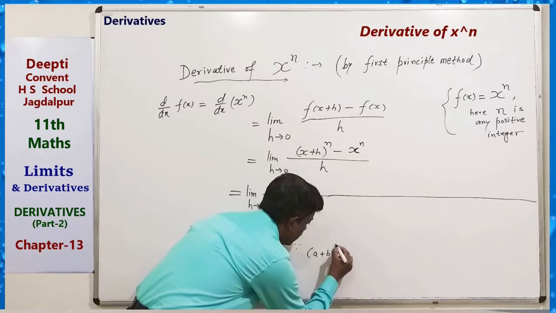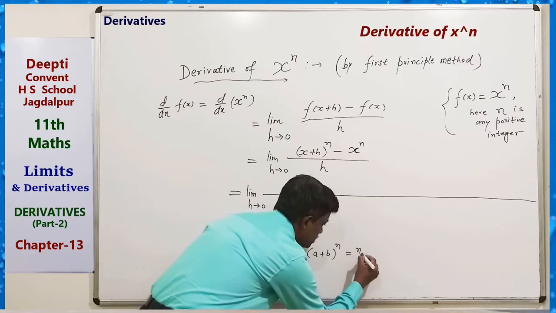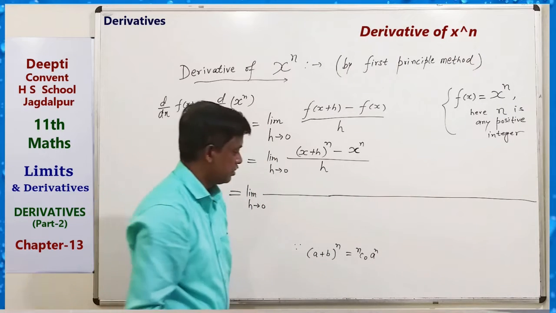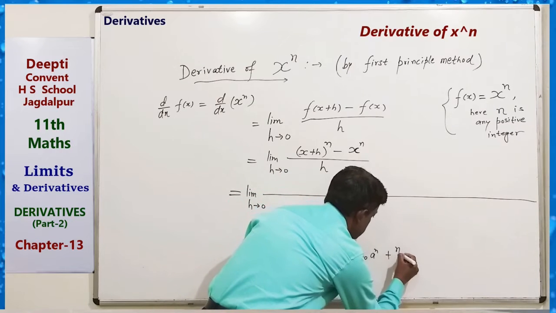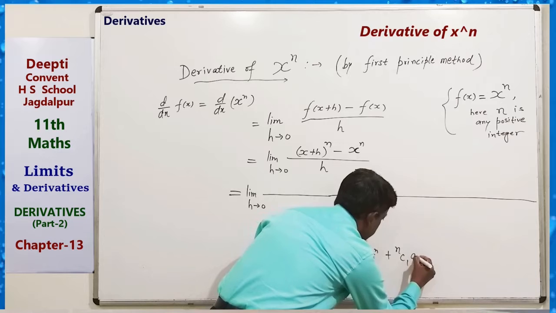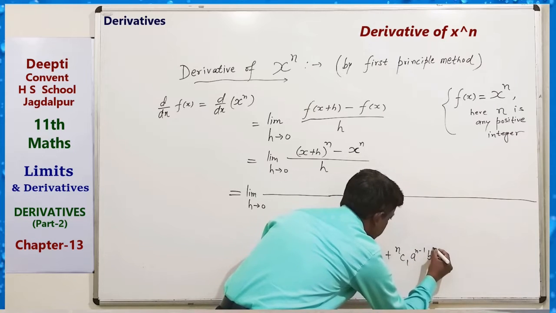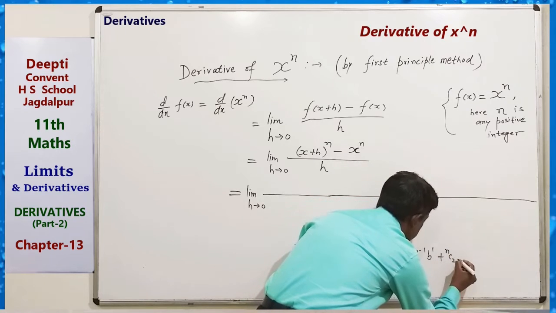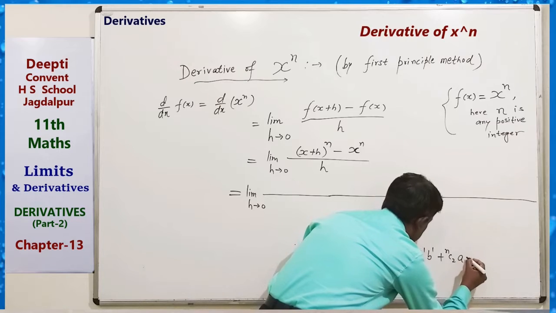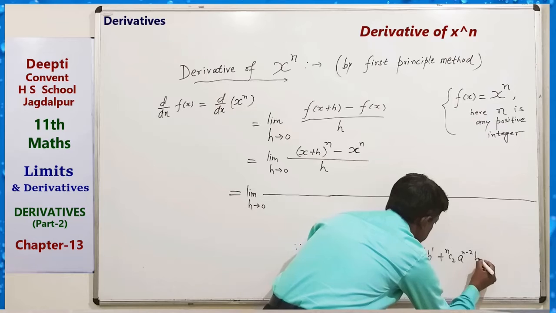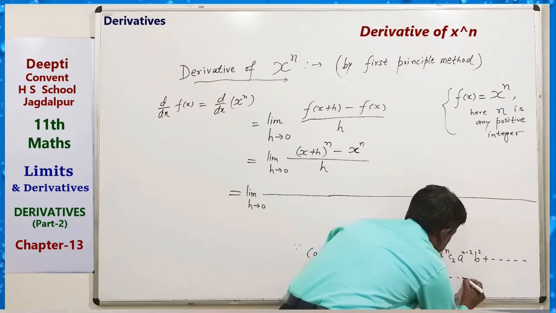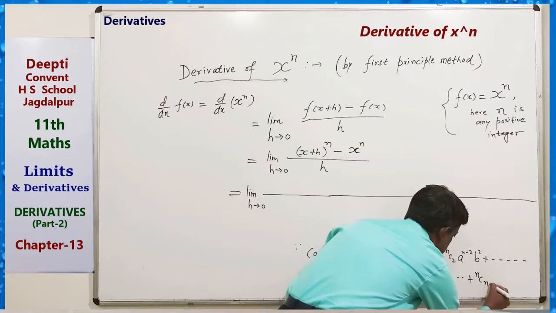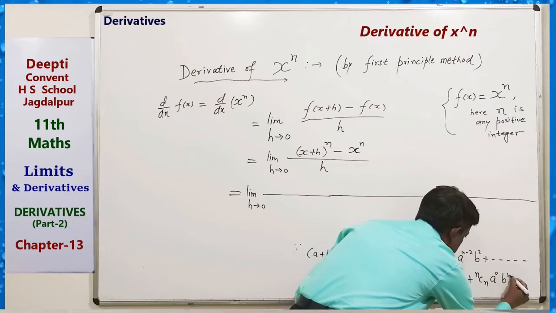So by using the binomial theorem, (a plus b) power n equals nC0 a power n, plus nC1 a power n minus 1 into b power 1, plus nC2 a power n minus 2 b square, plus and so on up to nCn a power 0 b power n.